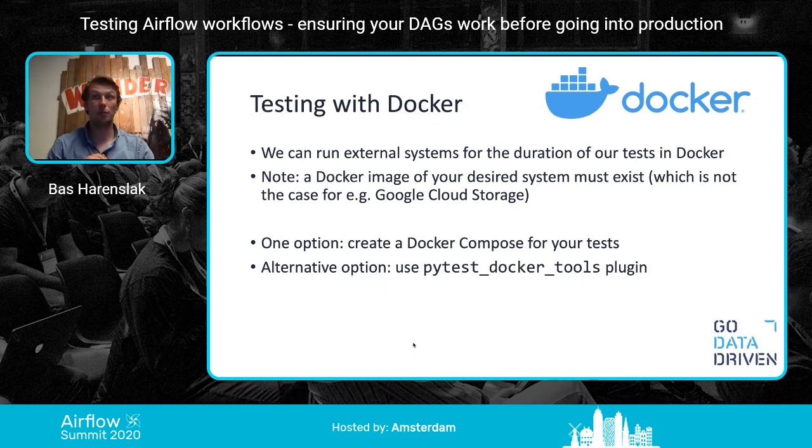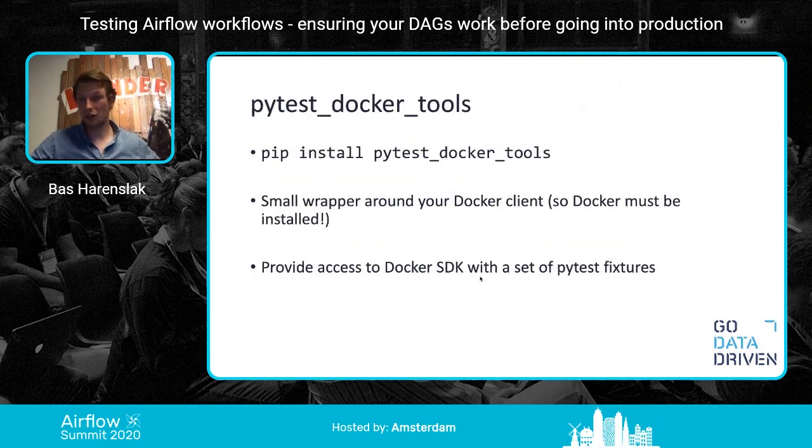You could create a Docker Compose file which you use throughout your test, which brings up a couple of Dockerized systems. Yet another plugin for Pytest that I particularly like is this Pytest Docker Tools plugin. So I'll show you a couple of examples of how that works. It's basically a small wrapper around your Docker client, and it provides you a set of Python fixtures with which you can use Docker within your test.